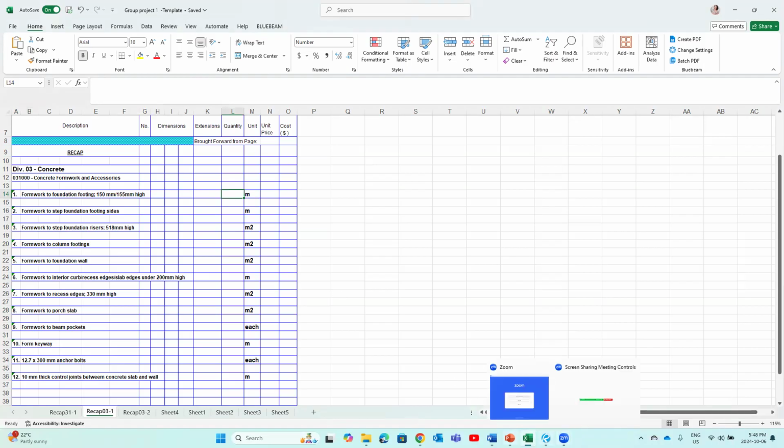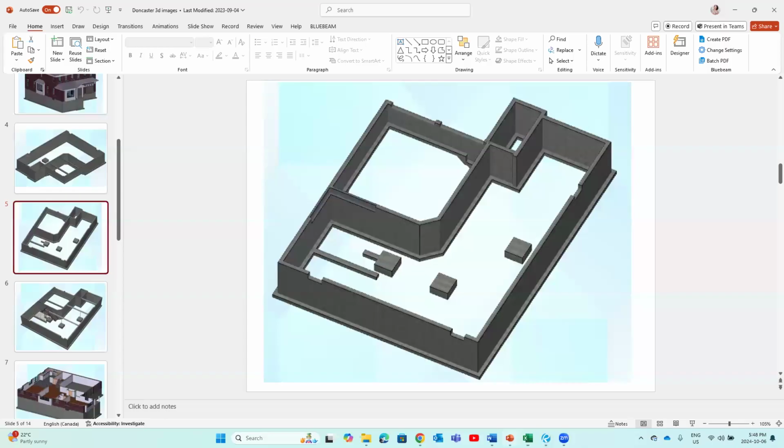So basically, what we need to do is take the center line length of the footing and multiply by 2 to get 2 sides. What is the best way to do the quantity takeoff in this case?